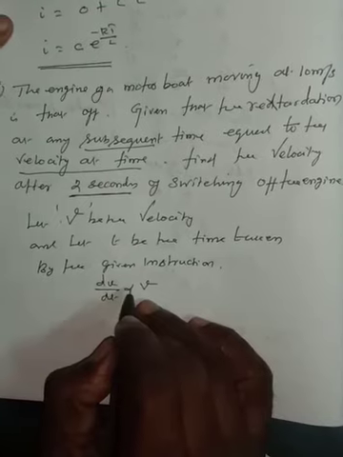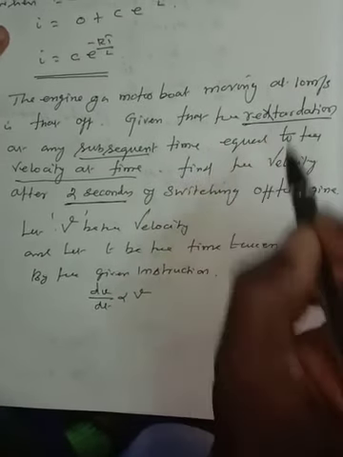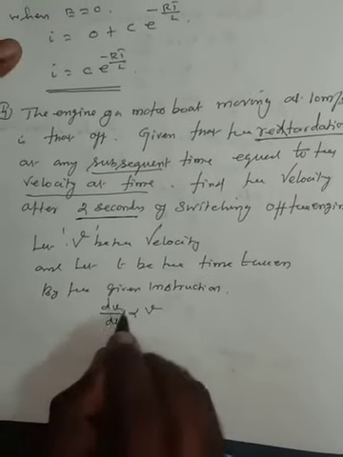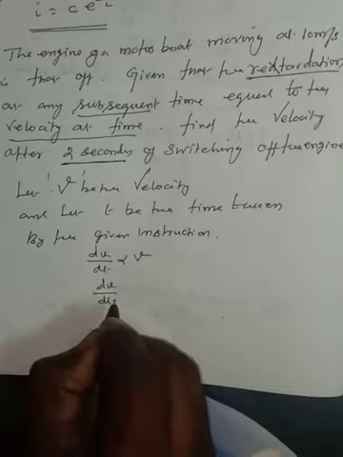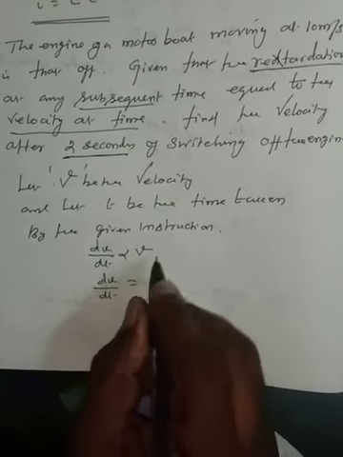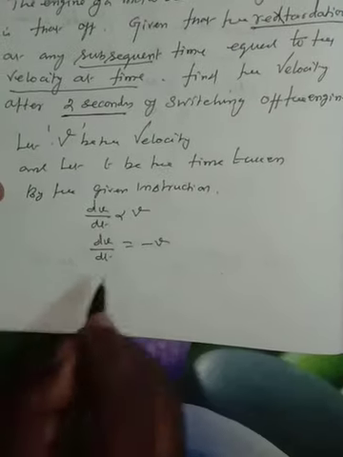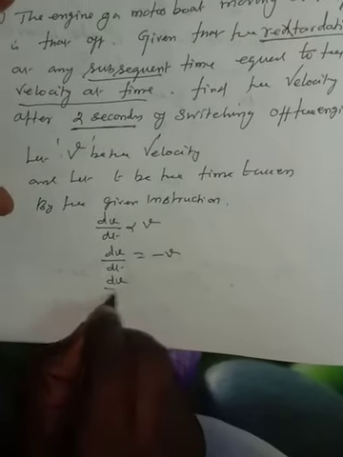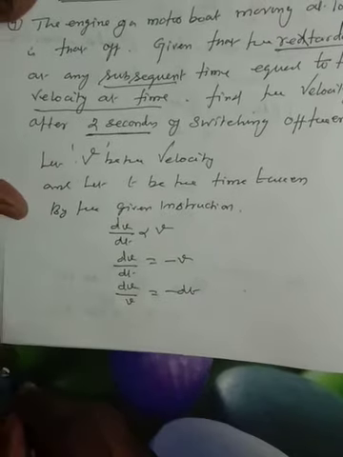In this case, retardation is given. Therefore, dV by dt is equal to minus V. Variable separable, dV by V is equal to minus dt.